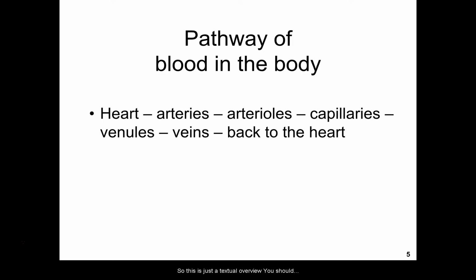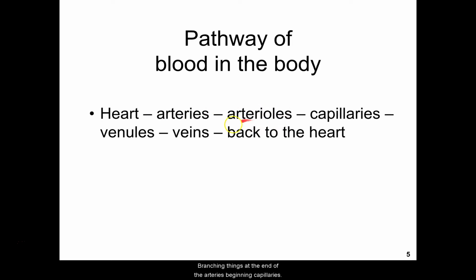So this is just a textual overview. You should perhaps kind of know this maybe. So you have the heart, and blood is taken away from the heart by arteries. Remember that A stands for away from the heart. And arterioles is a concept you may never have heard of before.